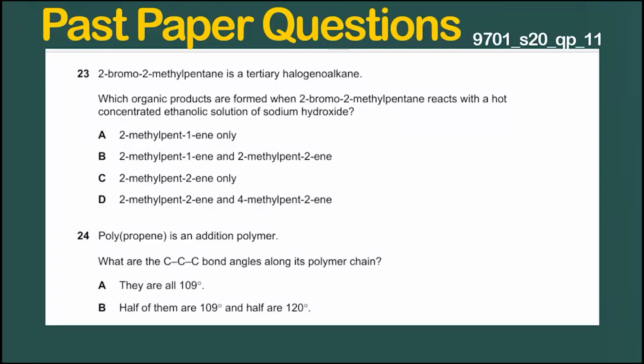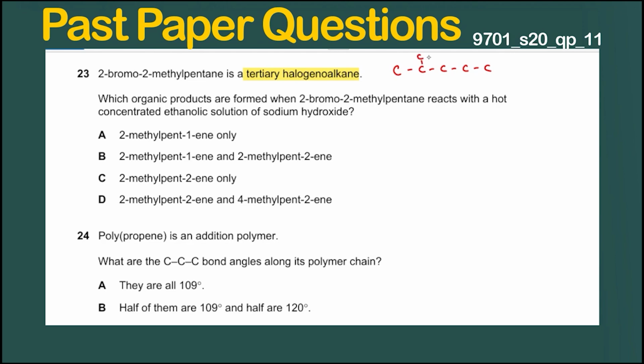Here we have question number 23. 2-bromo-2-methylpentane is a tertiary halogenoalkane. Which organic products are formed when 2-bromo-2-methylpentane reacts with a hot concentrated ethanolic solution of sodium hydroxide? So beta ji, if we look over the structure of the tertiary halogenoalkane 2-bromo-2-methylpentane, 1, 2, 3, 4 and 5 carbons, 2 bromo and 2 methyl.